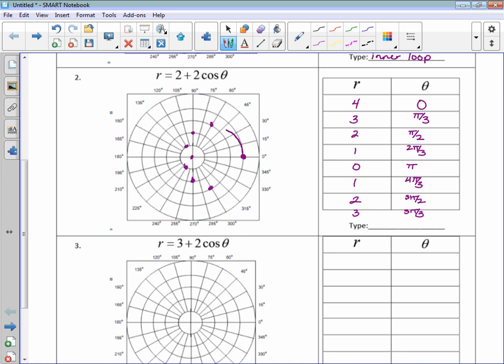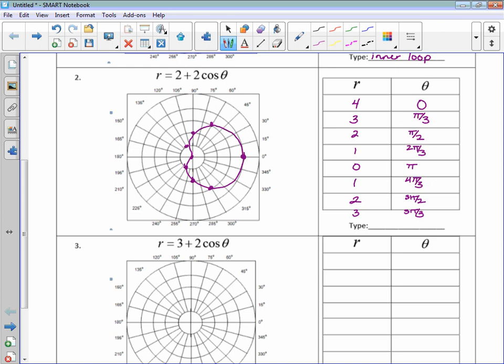Alright, so starting at that first one. You guys see how these are all pretty circular looking, just with some oddities to our circle? Okay, they should all stay very round like that.